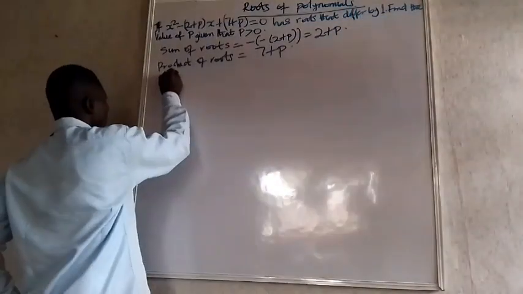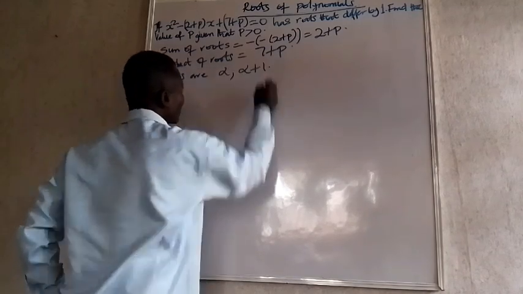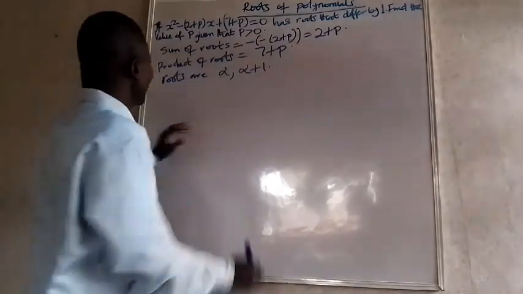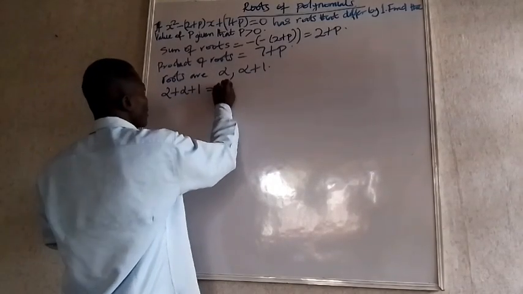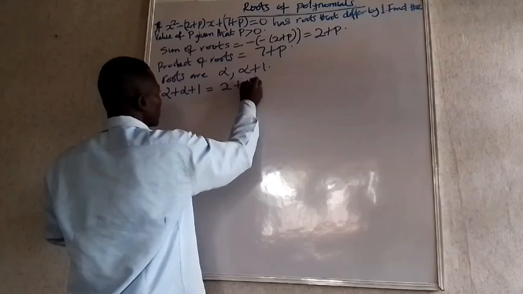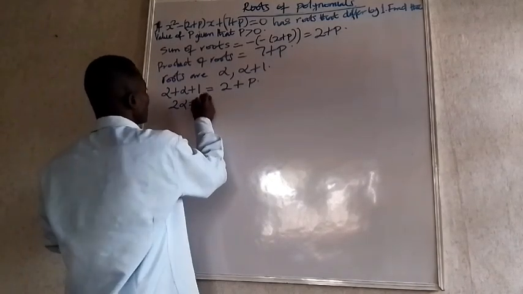So the roots are alpha and alpha plus 1. Now, it means that 2 alpha plus 1 is equal to 2 plus p. So we have 2 alpha is equal to p plus 1.